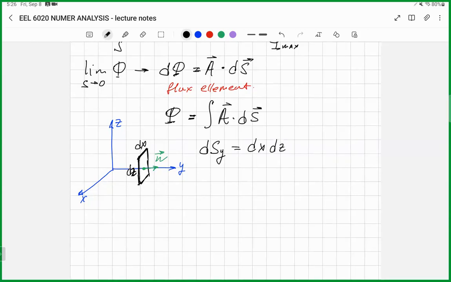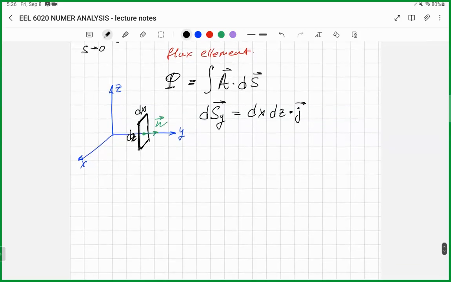Now if I want to turn this element of the surface into a vector, I multiply by the unit vector n, but in our case n is parallel to the axis y, which means this element is defined by the unit vector of y, which is j.